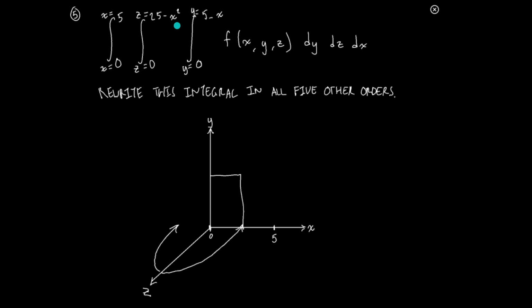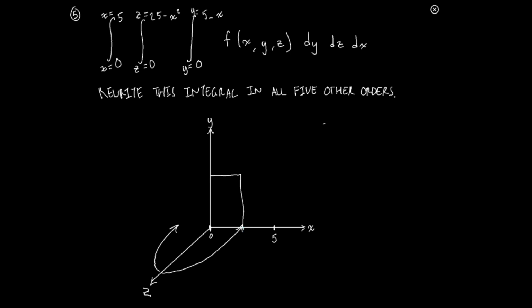So at z equals 0, sorry, at z equals 0 is where this intersection is going to be. So at z equals 0, we have 0 equals 25 minus x squared.